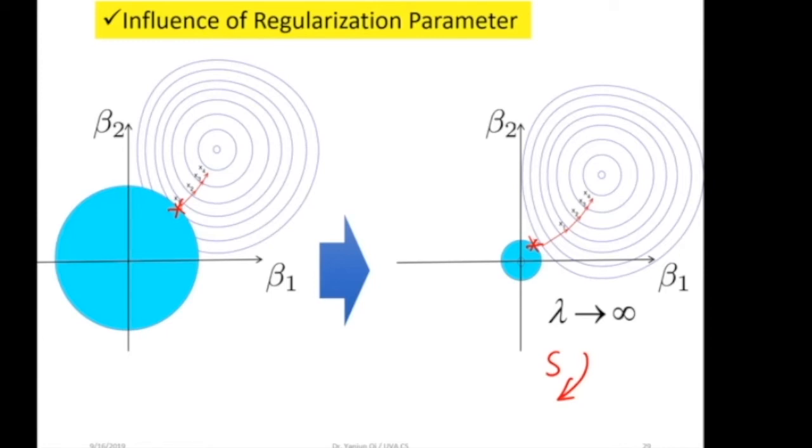Question: how do you pick lambda? How do you know if you picked a bad one? Good question. This is a very important hyperparameter in this type of regularized regression, almost similar to polynomial regression, where you ask what degree D to pick and how flexible to be.